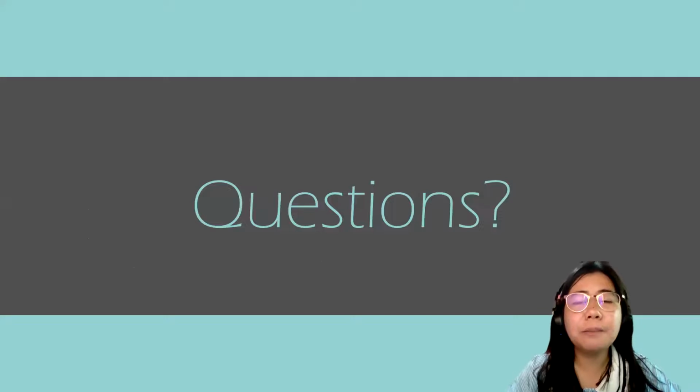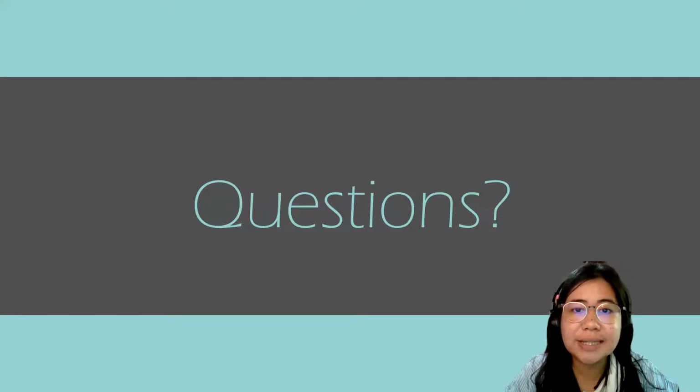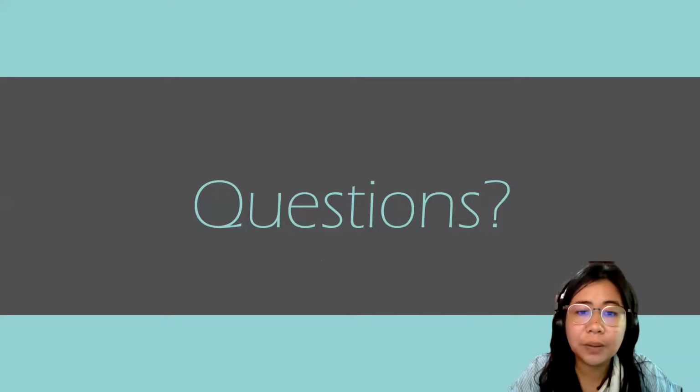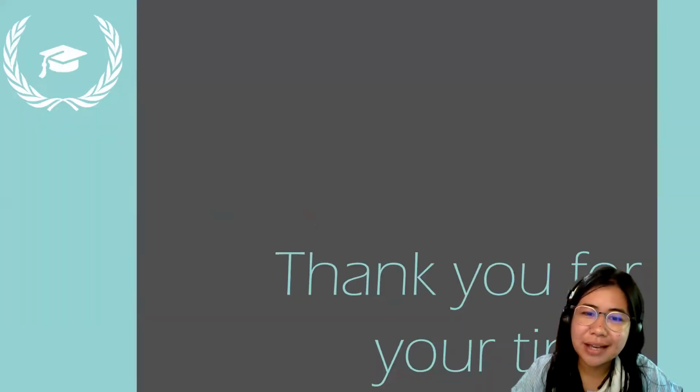I will provide you with an example of a position paper. I will just send it to your group chat, or if I already have access to Canvas, I can also upload it on Canvas. So if you have no questions anymore, you may now proceed writing your own position papers.